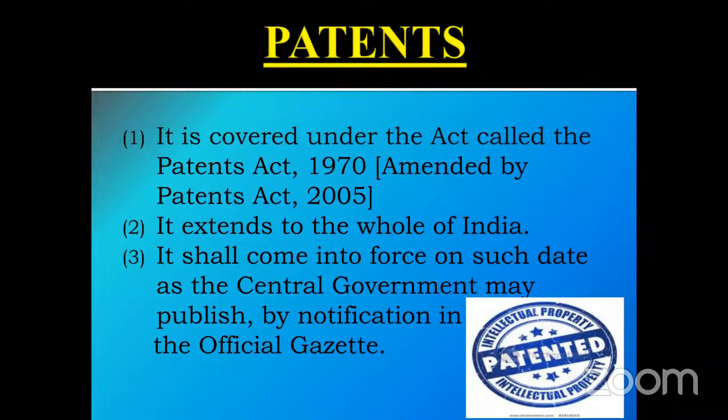If I register my invention or my product in the Mumbai office, it is applicable all over India because it comes under the Patent Act 1970, but it is not applicable to other countries. It shall come into force on such a date as the central government may publish by notification in the official gazette.